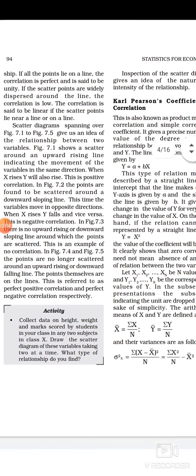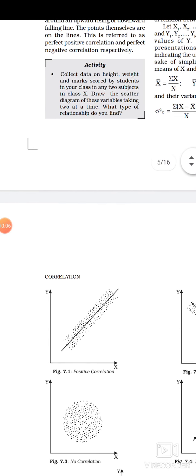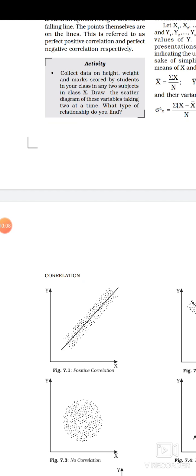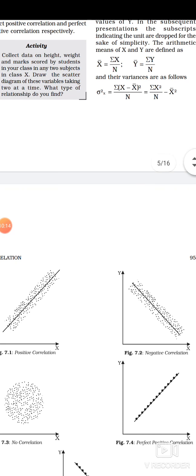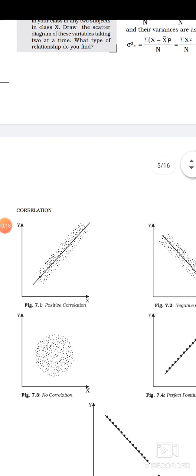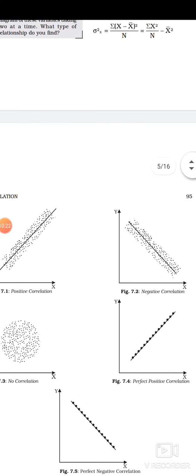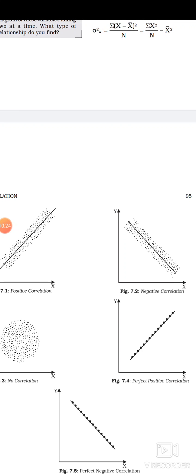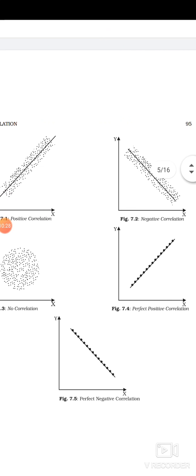Let us see: figure 7.1, positive correlation; figure 7.2, negative correlation; figure 7.3, no direction, no correlation; figure 7.4, perfect positive correlation; figure 7.5, perfect negative correlation.